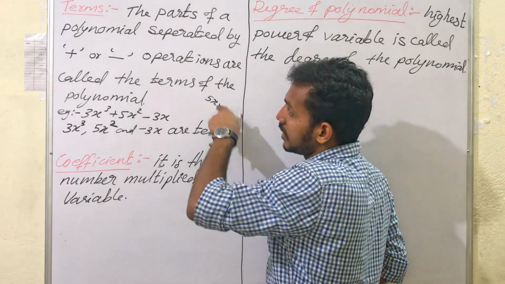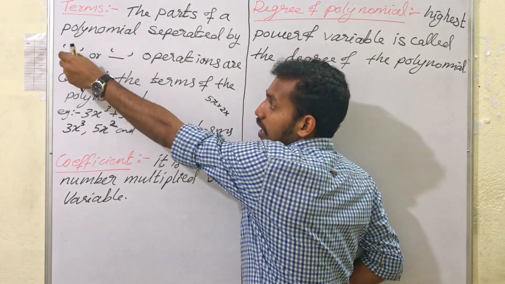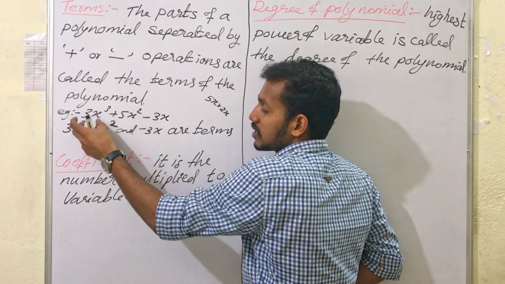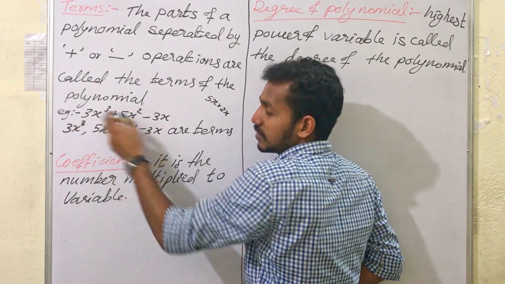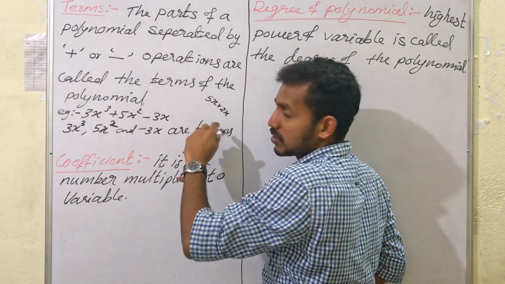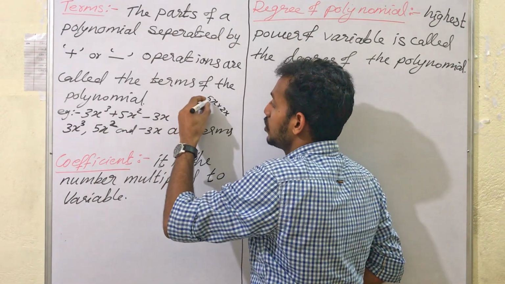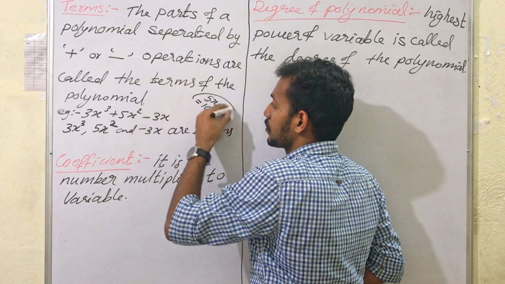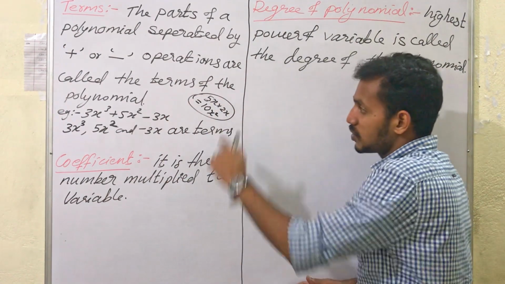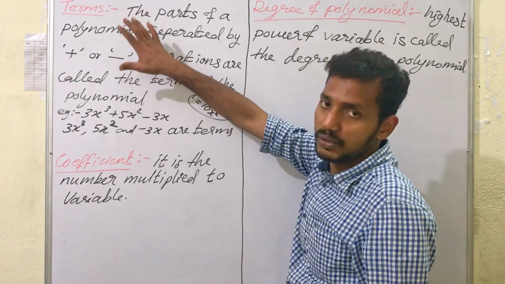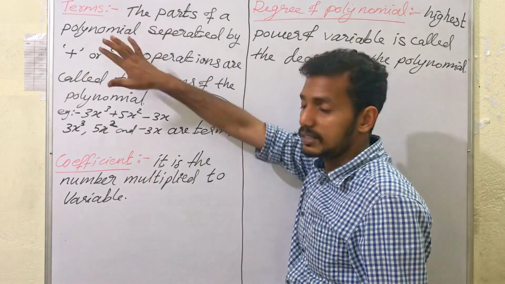So the necessary condition is that these two parts should be connected with plus or minus symbol, then we can call that part of the polynomial a term. Otherwise, we will not make it two separate terms. For example, you can simplify 5x into 2x and write it as 10x square, which will be a single term. Clear? That is a basic concept you need to remember regarding terms.